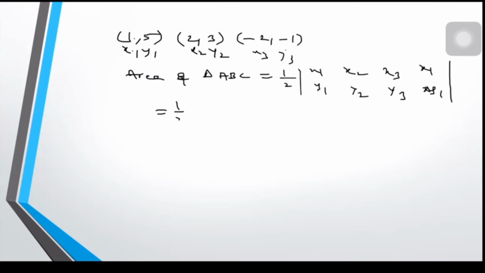Half mod. x1, y1 is 1, 5. x2, y2 is 2, 3. x3, y3 is minus 2, minus 1. And x1, y1 is 1, 5.